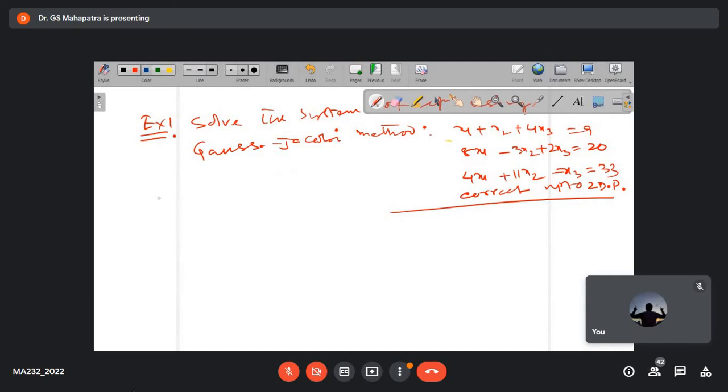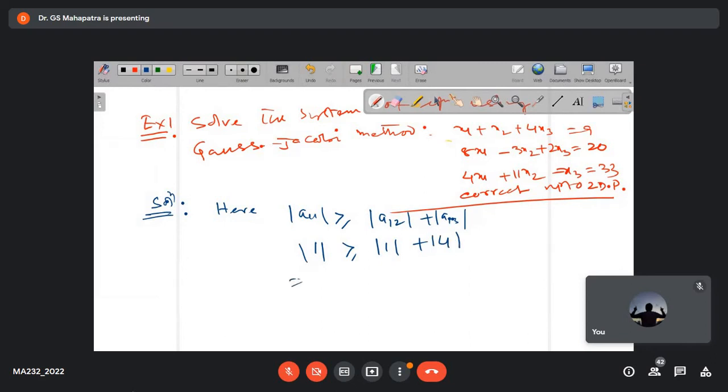Here mod of a11 greater than or equal to mod of a12 plus mod of a13 is not correct. So 1 greater than or equal to mod of 1 plus mod of 4.